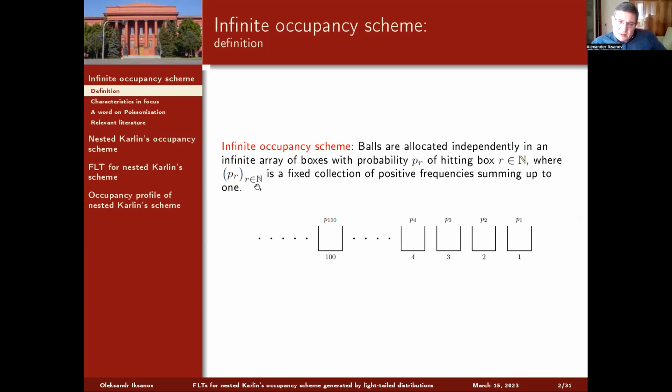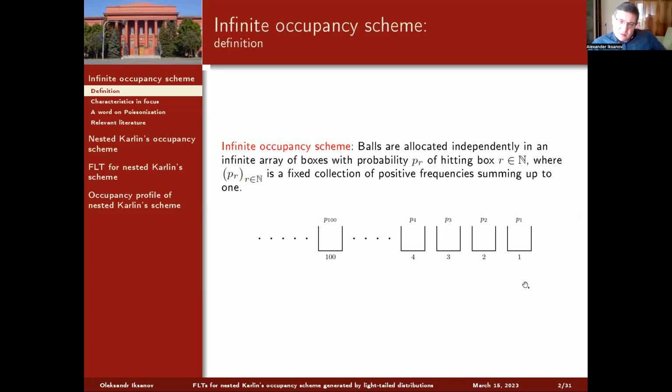Here the probabilities p_r form a discrete probability distribution. Actually, the p_r may be allowed to be non-negative, in which case we require that there are infinitely many positive p_r to ensure that there are indeed infinitely many boxes.